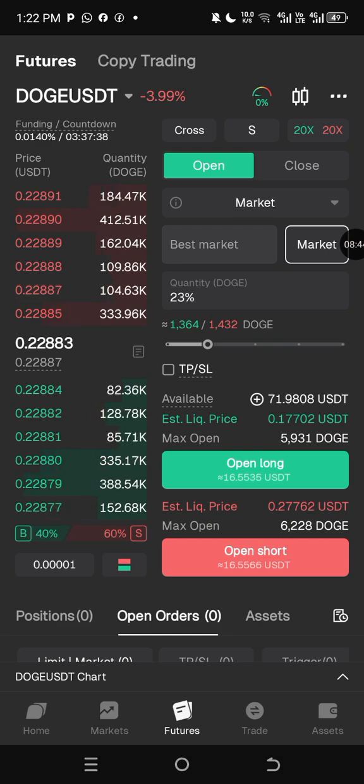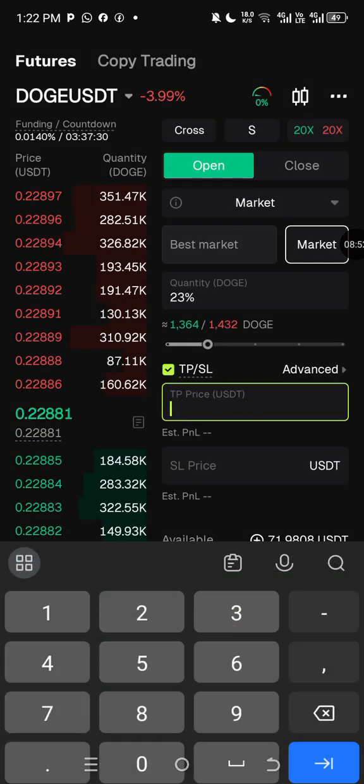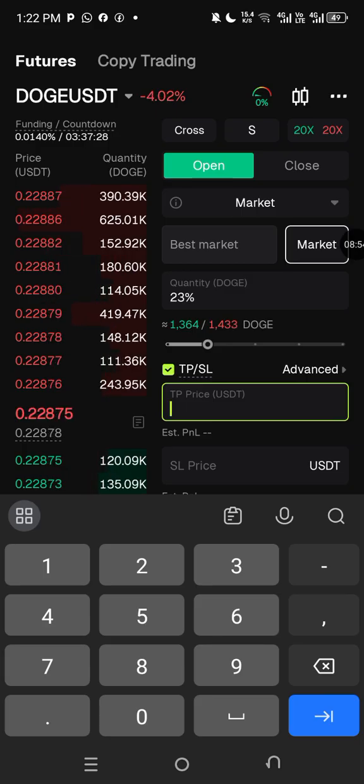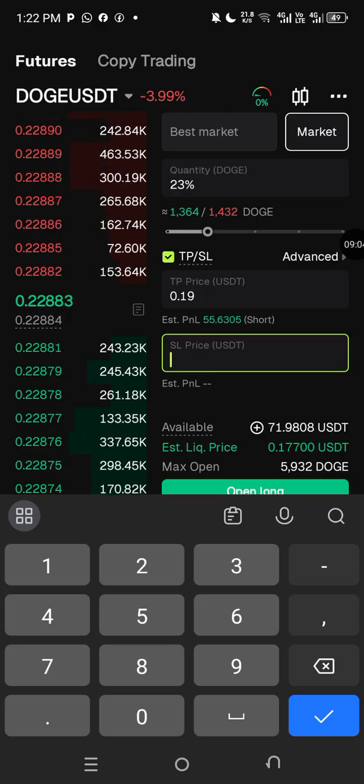We're anticipating that price wants to fall, right? Good. We'll now come here. Now our take profit is going to be lower because we are betting that price wants to fall. So let's say our take profit is 0.19 now, and my stop loss, meaning that if price should go against me, meaning if price should go up, get me out of the trade, I will bear my loss. I'll put it 0.24.